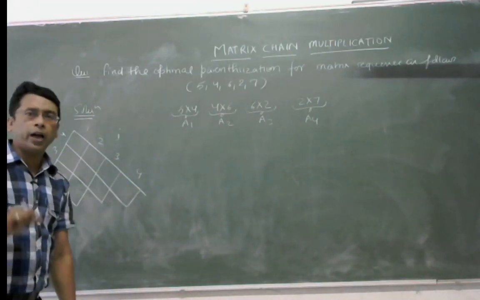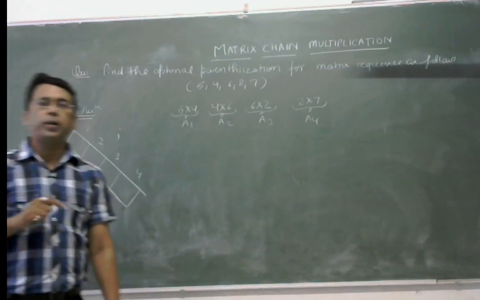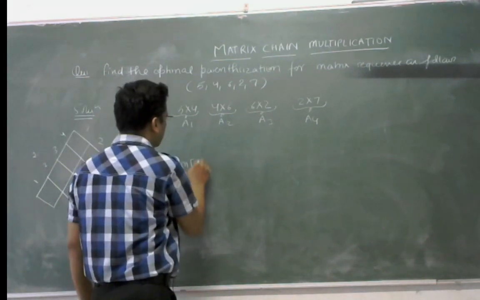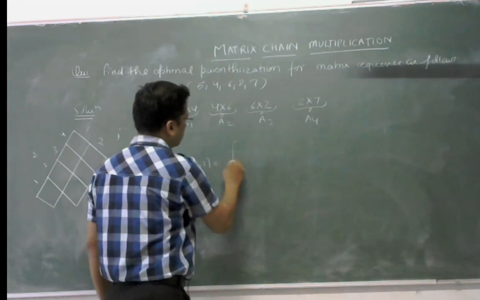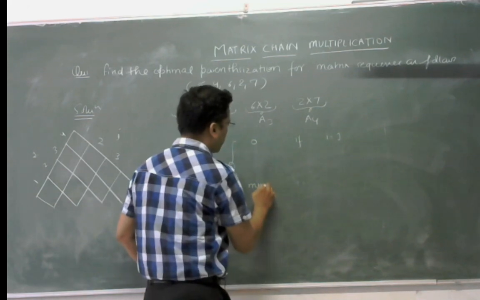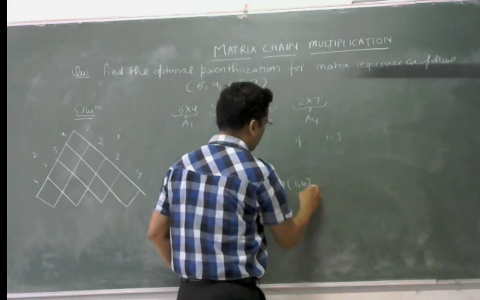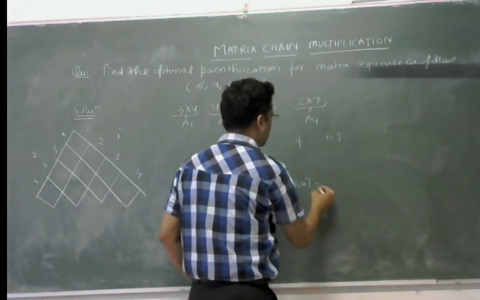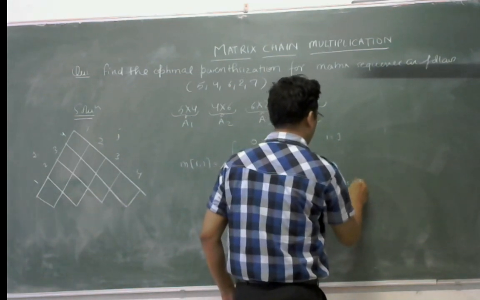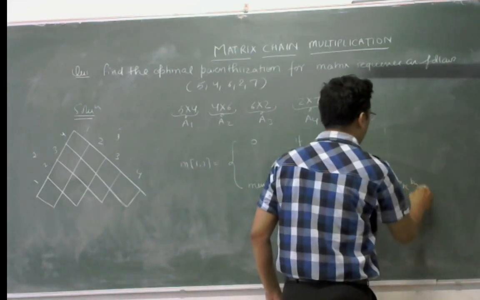Now I have discussed the formula of matrix multiplication: M[i][j] is equal to 0 if i equals j, and is equal to the minimum of M[i][k] plus M[k+1][j] plus P(i-1) Pk Pj.